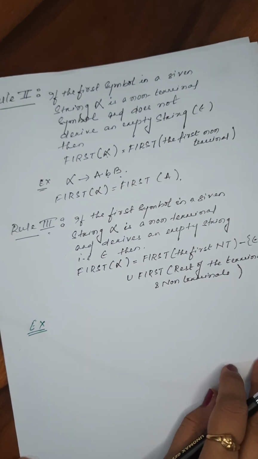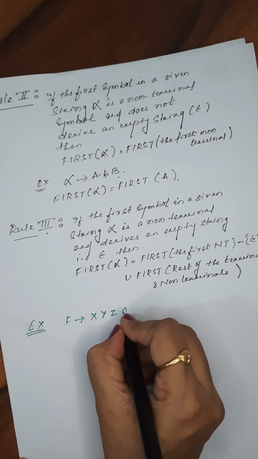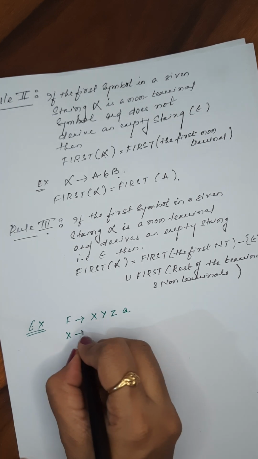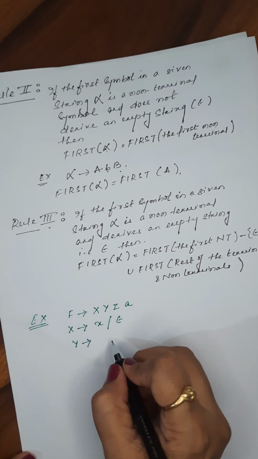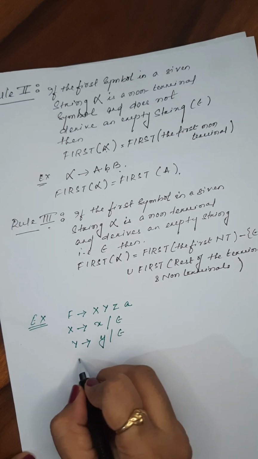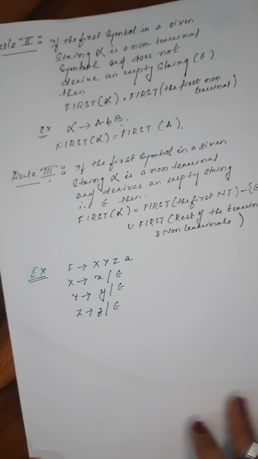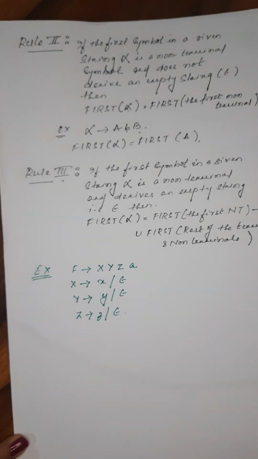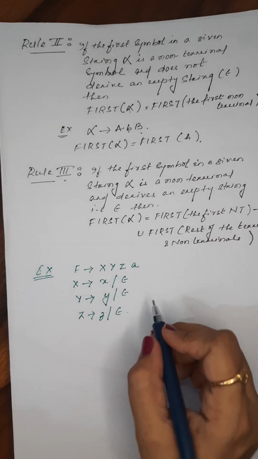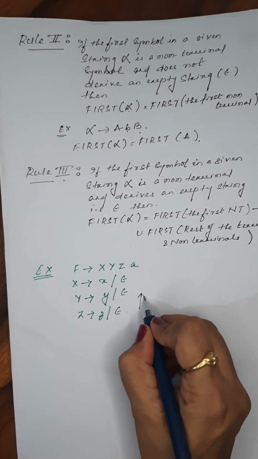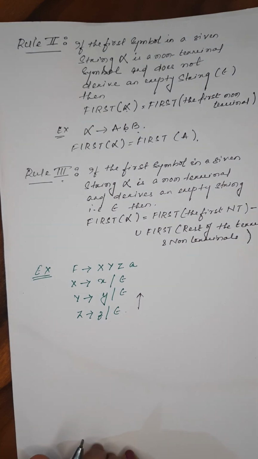See, F tends to X Y Z A, X tends to x or epsilon, Y tends to y or epsilon, Z tends to z or epsilon. Then how will we solve it? Now see, remember one thing while calculating your first, you have to always move in the direction bottom up. Why so? That I will tell you at the end of this example.